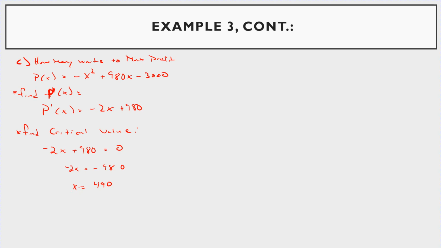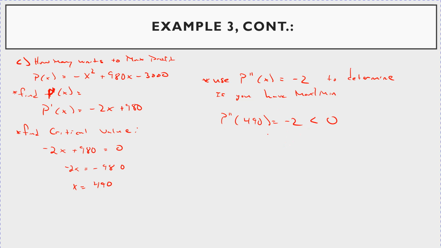To determine that, we use the second derivative. Taking the derivative of the first derivative, you just get minus 2. The second derivative is negative 2, which is less than 0, so this is a max value.